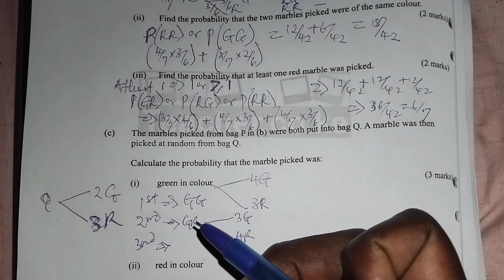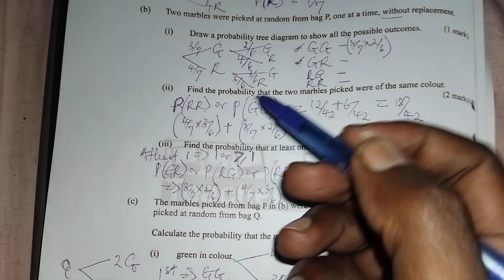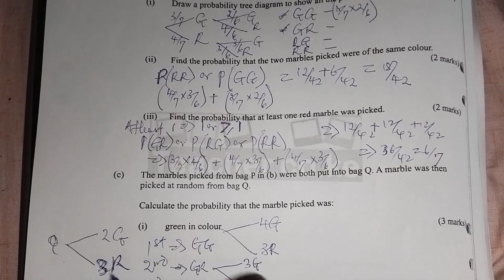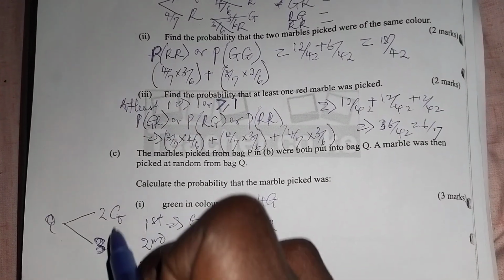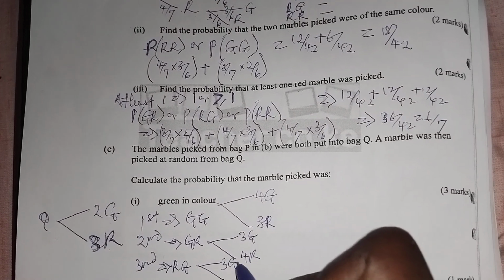The third scenario: if you picked red, green, one increases by 1 and the other by 1, so you have 3 green and 4 red.